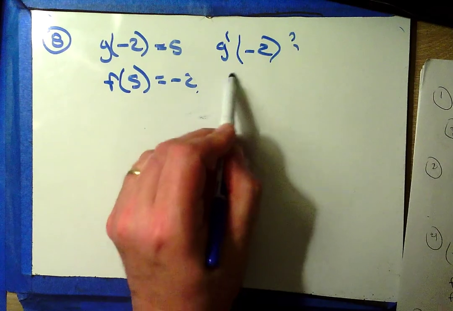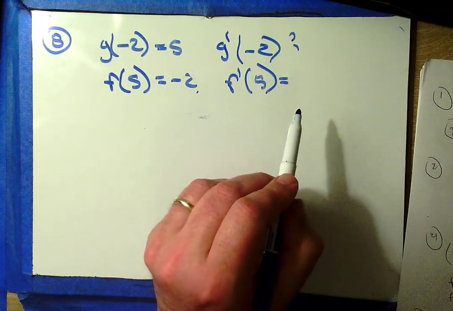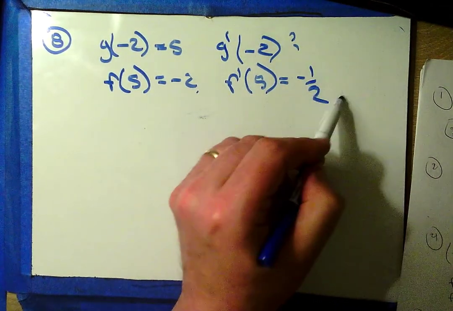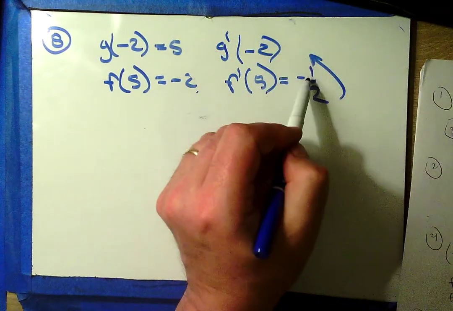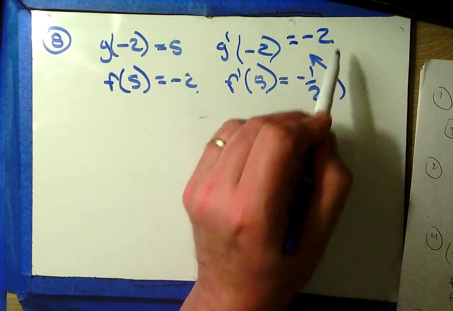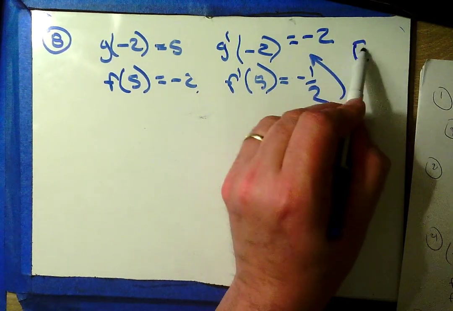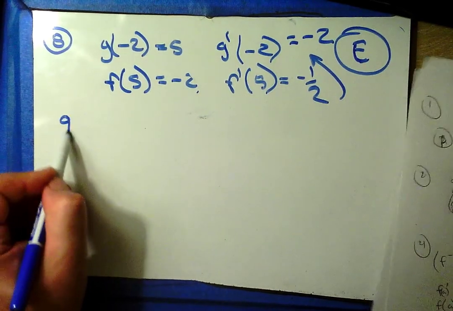So we're going to say, hey, what's f prime of 5? So f prime of 5, they tell me, is -1/2. Therefore, g prime at -2 will be the reciprocal of this, -2. And I see -2 is E. E for number 8.